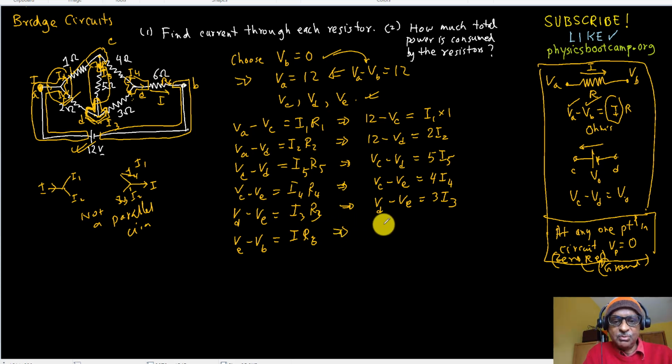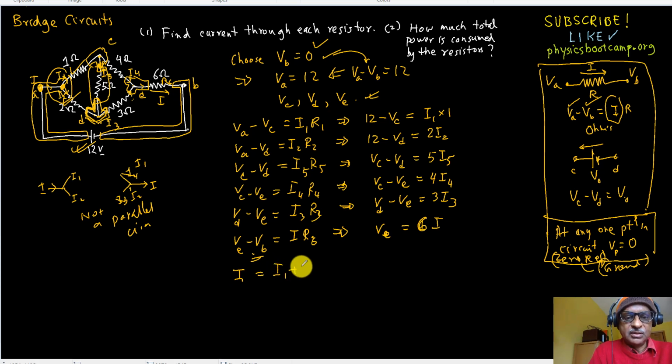And that just gives me VE, because VB is set to be 0. So VE equals 6I.